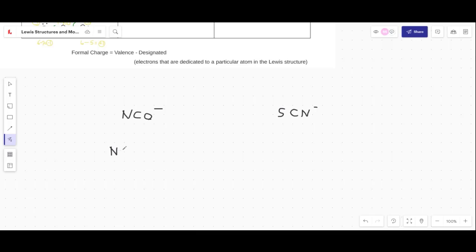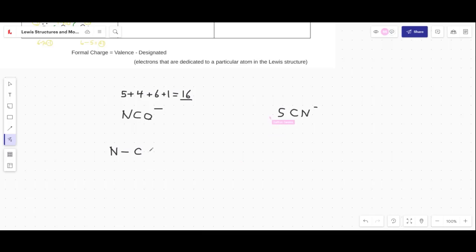So first I'm going to actually calculate my valence electrons. Nitrogen has 5, carbon has 4, oxygen has 6, and a negative charge gives me an extra 1. So that's going to give me a total of 16 valence electrons. I will now draw my skeleton structure.